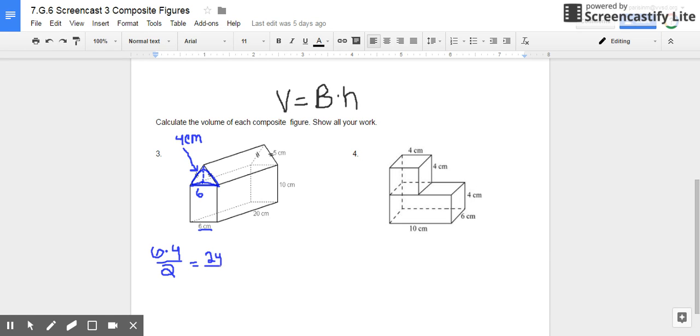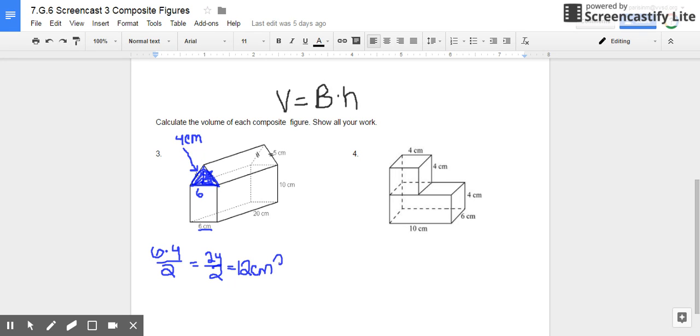Then 24 divided by 2 equals 12. So the area of the base, which is this triangle right here that I'm shading in, is 12 centimeters squared.